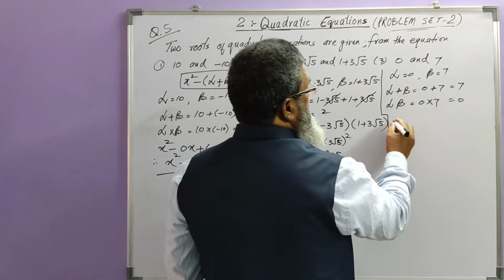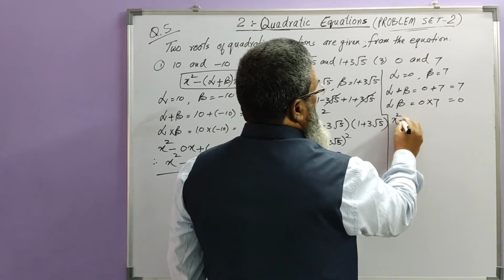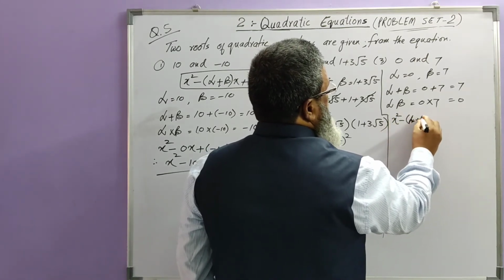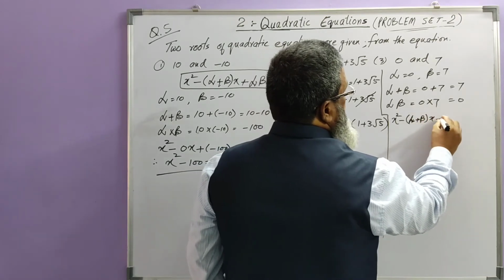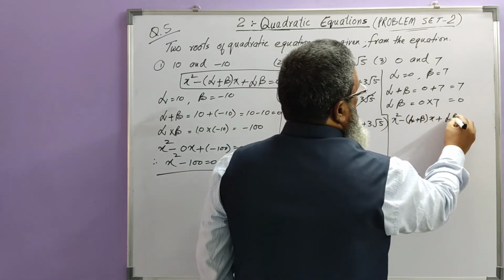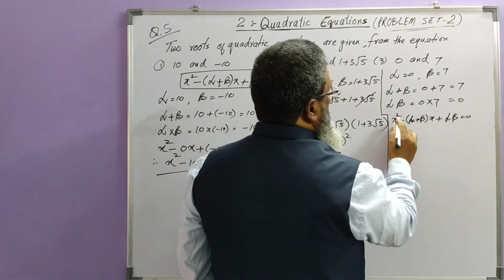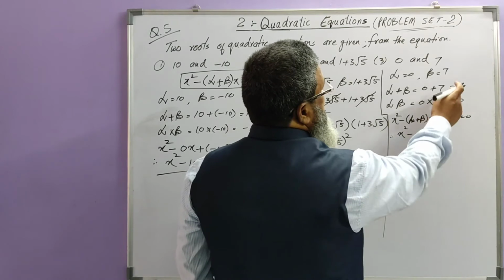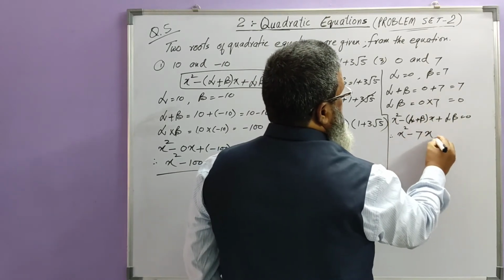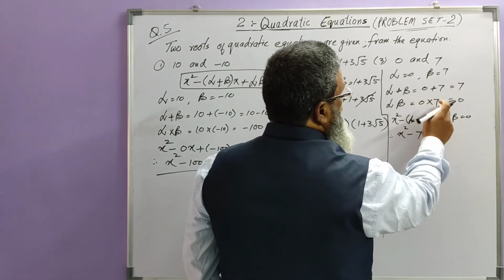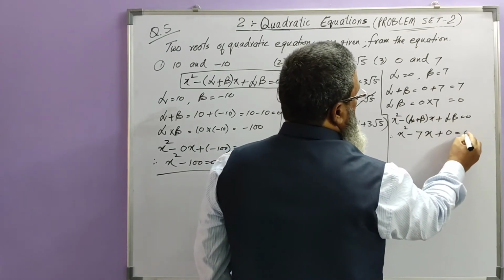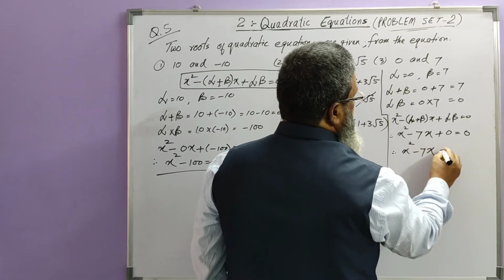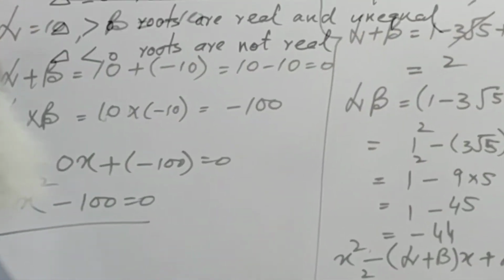The equation form is x square minus (alpha plus beta) x plus alpha into beta is equal to 0. Therefore x square minus 7x plus 0 is equal to 0. Therefore x square minus 7x is equal to 0.